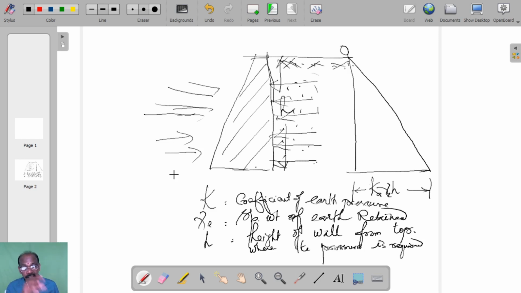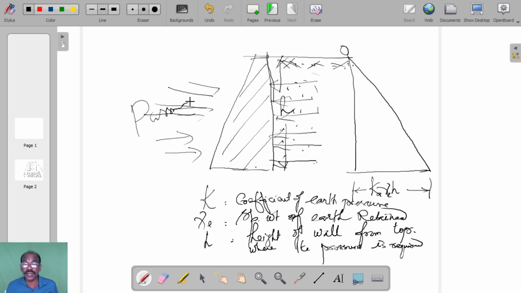Because of this pressure, the wall will tend towards the inner side, the opposite side. Because of the net pressure, the wall will move towards the earth side of the wall. That is nothing but passive earth pressure.